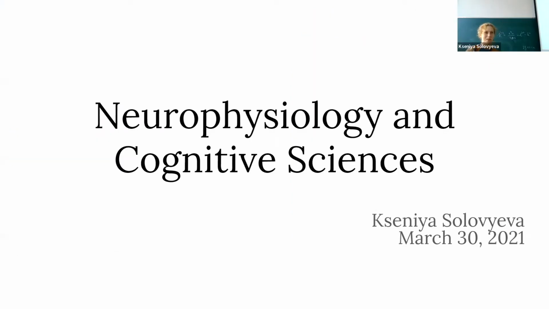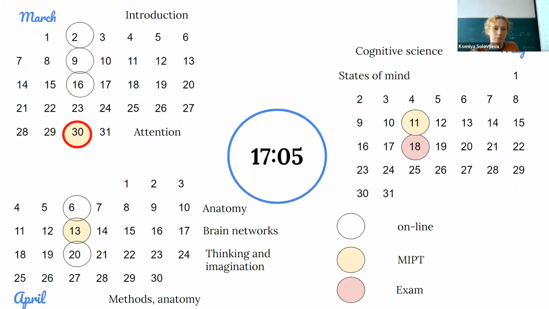As you know, today is our fourth lecture, I guess. I changed the topics. So today we'll have the lecture about attention, and after a week, the lecture about anatomy of the brain, the main structures in the brain, their functions, and so on.